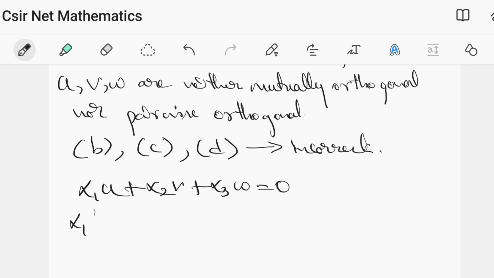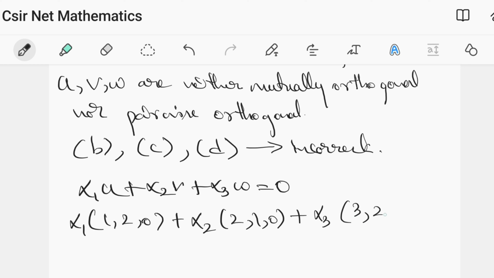Let us check for that. Alpha 1 into U, (1, 2, 0), plus alpha 2 into V, (2, 1, 0), plus alpha 3 into W, (3, 2, 3), is equal to 0. Multiplying with respect to each coordinate, the first gives alpha 1 plus 2 alpha 2 plus 3 alpha 3 equal to 0.